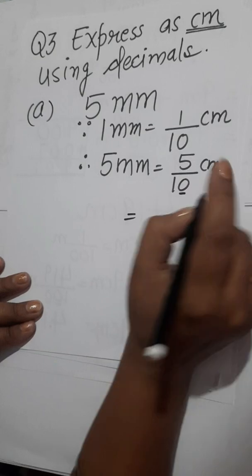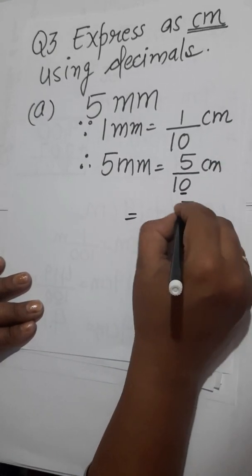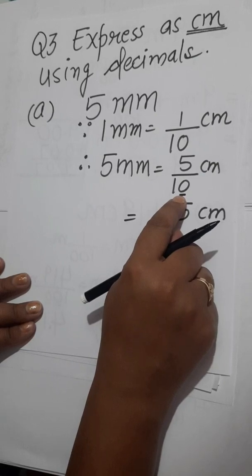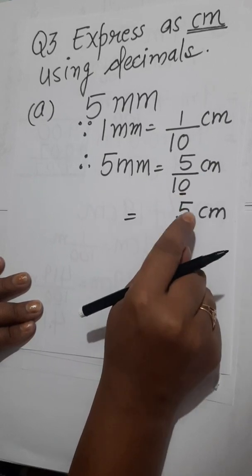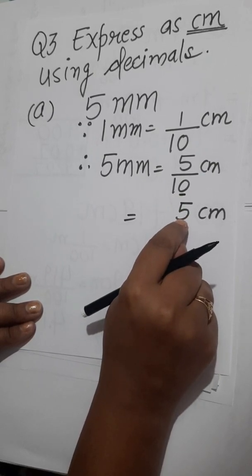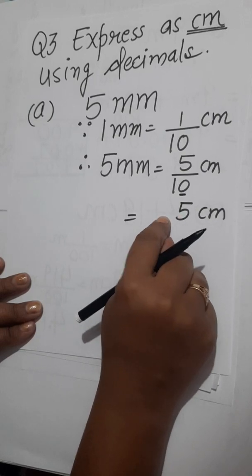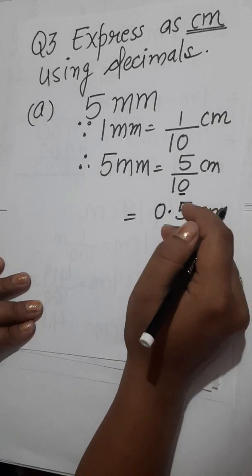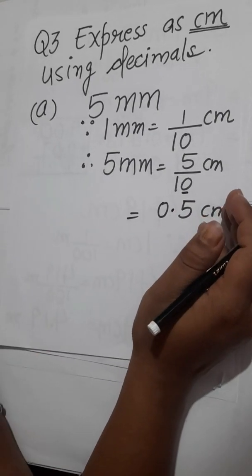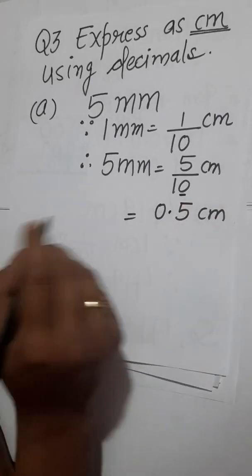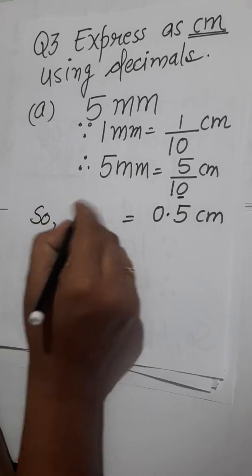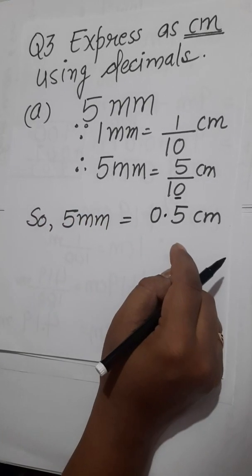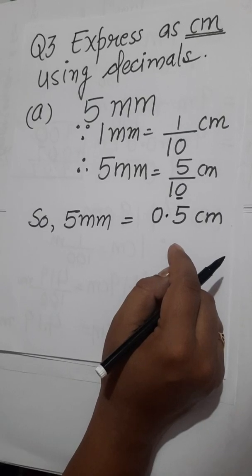Now here we have only 1 zero in the denominator, so as per the rule, write the numerator first, then put the decimal before 1 digit, or you can also say from the right after 1 digit you have to put the decimal. So 5 millimeter is equal to 0.5 centimeter.